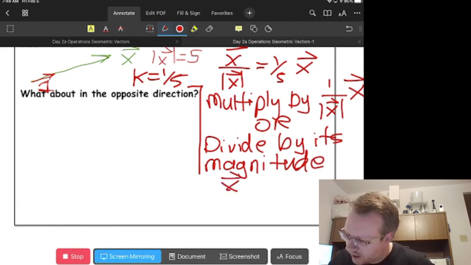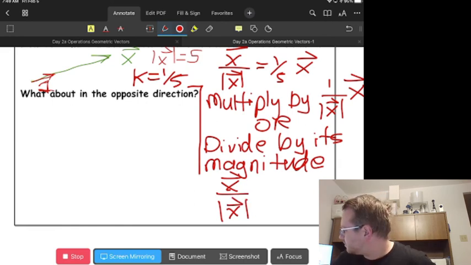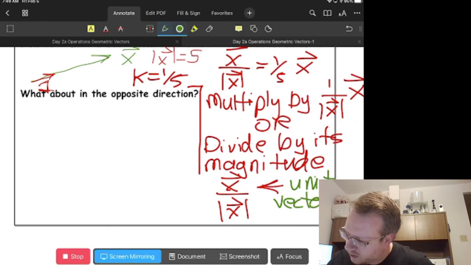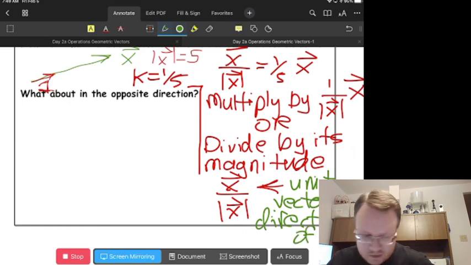So our vector x divided by its own magnitude gives us our unit vector in the direction of x.